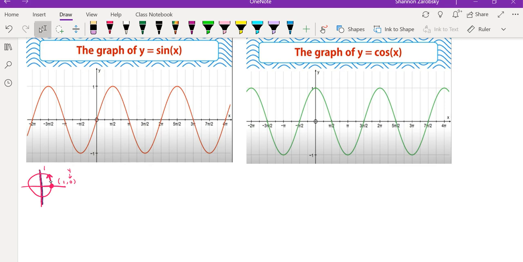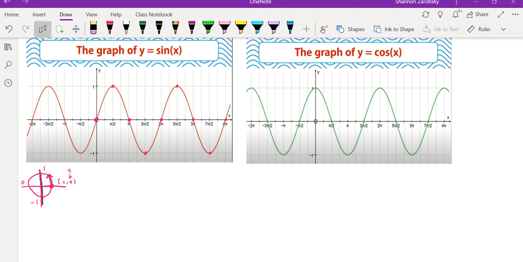It goes from 0 to 1, back to 0, to -1, back to 0. And as I continue to go around the circle more times, we're back to 1, then back to 0, then back to -1, then back to 0.